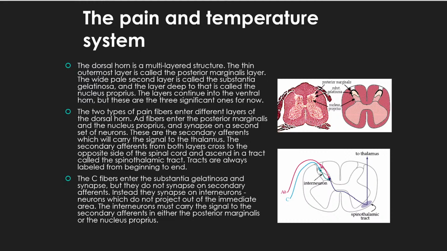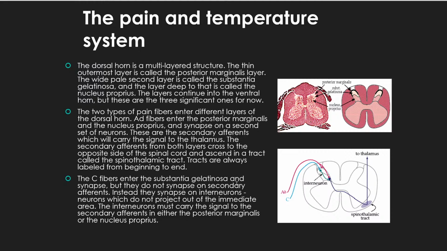There are two types of pain fibers. They enter different layers. Delta fibers, which are of myelinated type, enter posterior marginalis and nucleus proprius, outermost and innermost, and do synapse on a second set of neurons, as you see in the lower right portion of the screen.